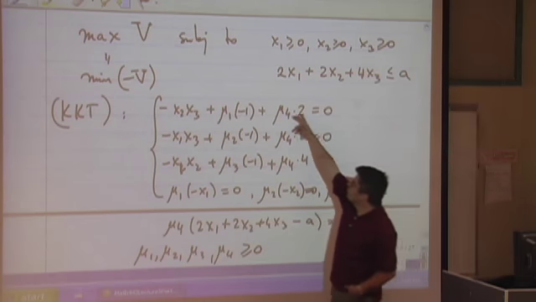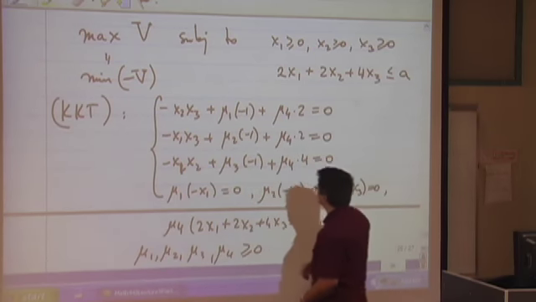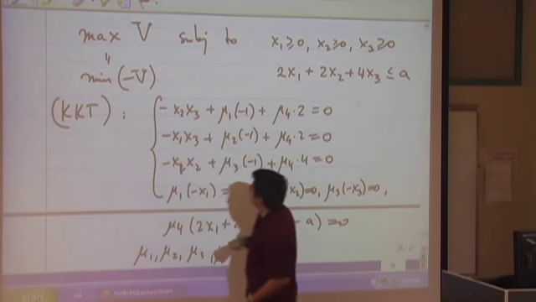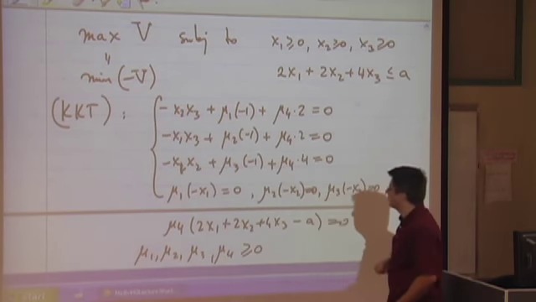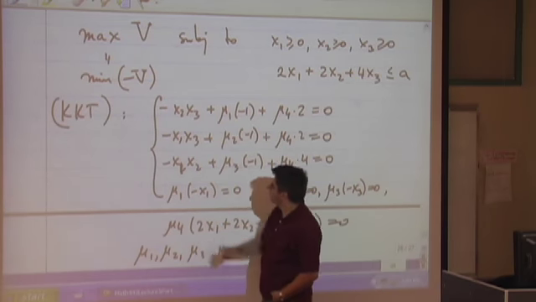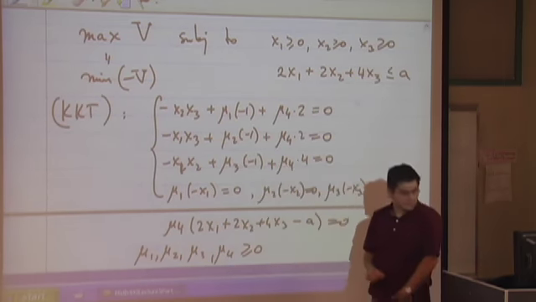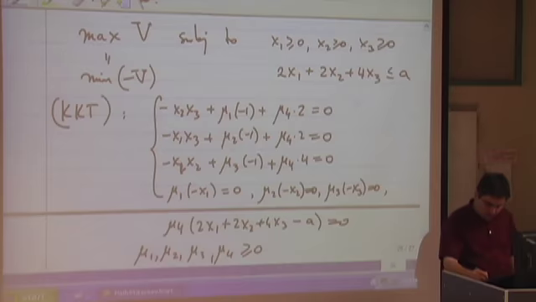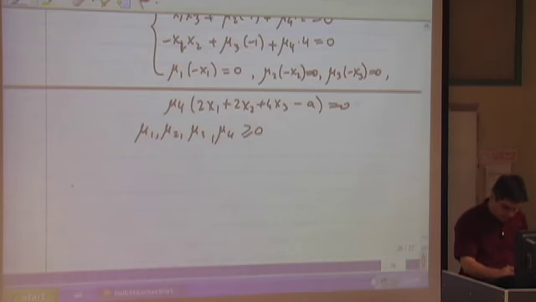You can find mu4. You can basically conclude that x1 equals x2 and equals twice x3 or something like that. Okay, so the solution in the end looks like x1 and x2 are the same.